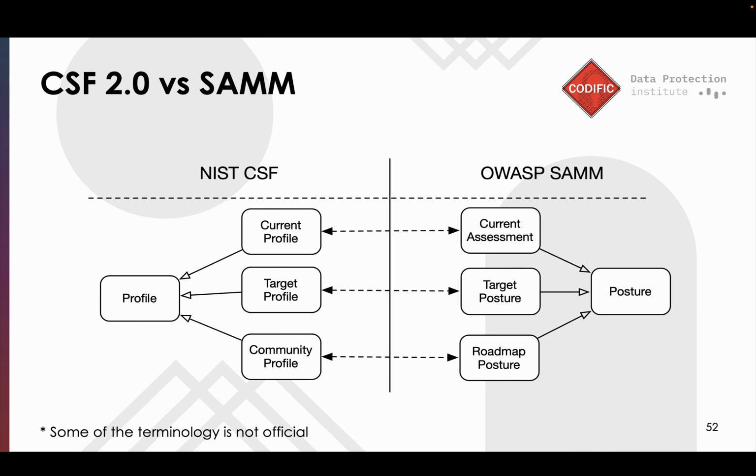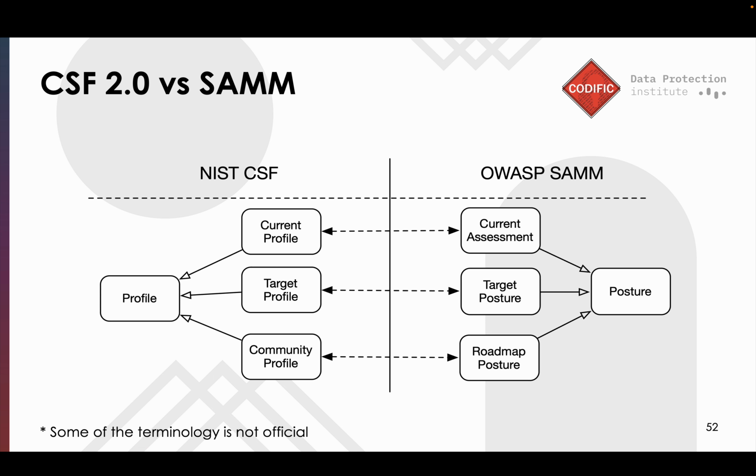All right, time for another quick comparison, this time between CSF profiles and what we have in SAMM. Just a heads up, some of the terminology I'll use here isn't really part of the official SAMM language, but the capabilities absolutely exist. Whether you call them postures, profiles, or something else doesn't really change what they do. So in CSF, current profile maps closely to a SAMM assessment.